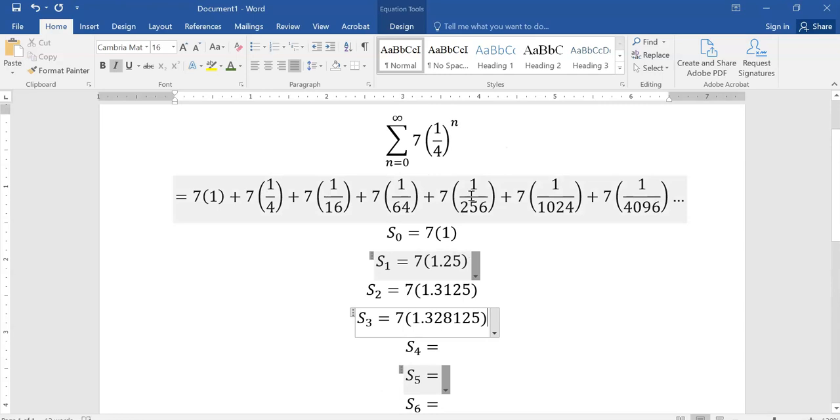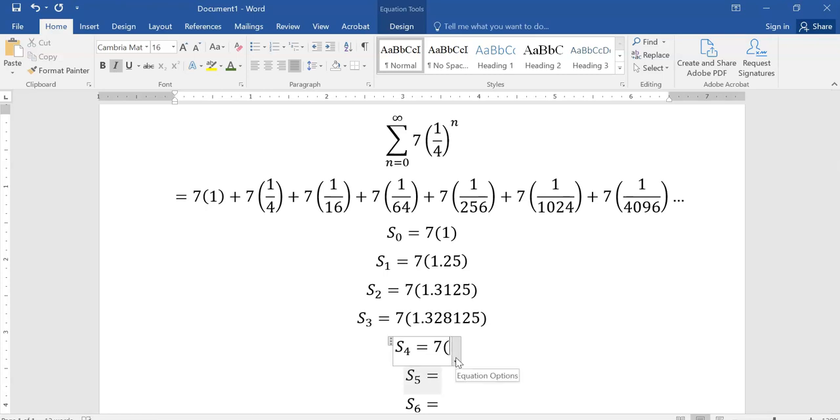What's going to happen if I add 1 over 256 times 7 to this? Well, that's just like adding 1 over 256 to this number. So we end up with 7 times, add 1 over 256, you get 1.332, et cetera, et cetera. My calculator gives me 1.33203125.